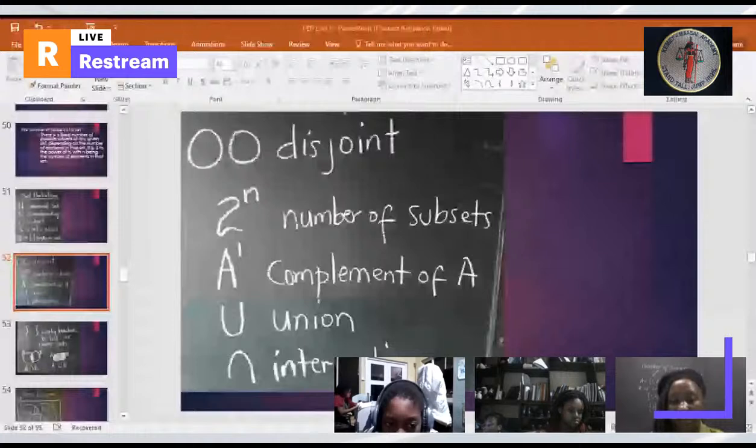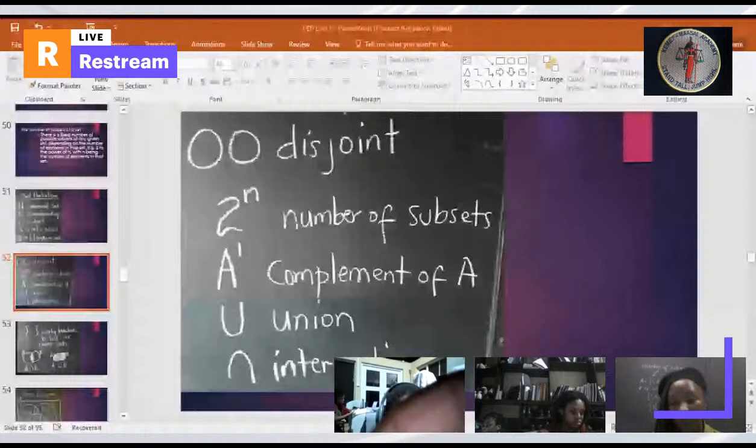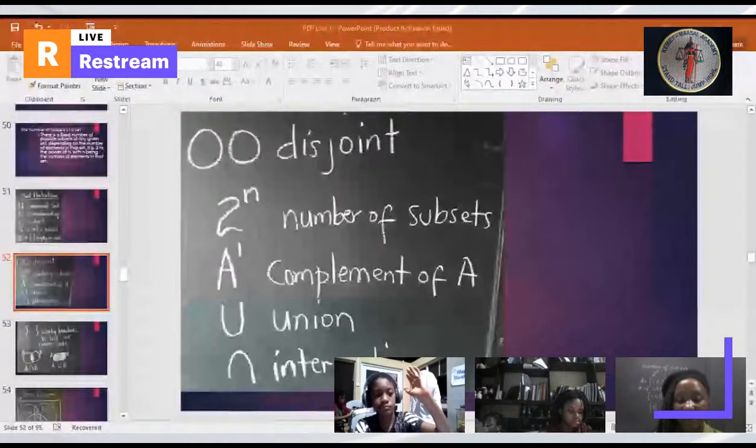And the intersection looks like an N, also without that little curve at the top. So the union is all the members in both sets, or the 3 sets, or whatever number of sets. And their intersection is just those elements that overlap, those elements that are found only where the 2 sets intersect each other, not in the other parts of the sets.